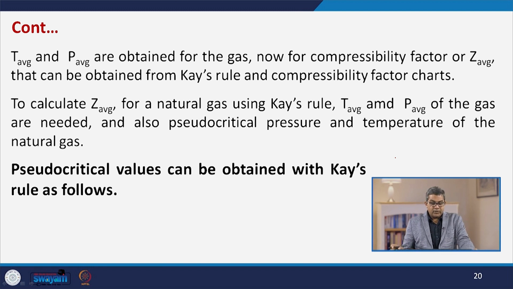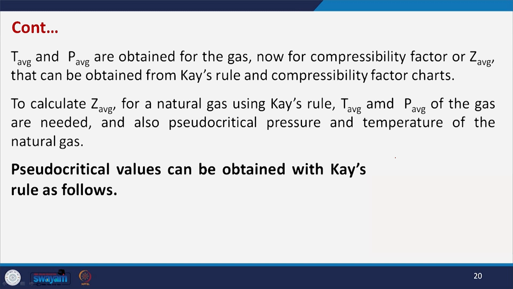The pseudo critical values can be obtained by Kay's rule, which is as follows: T'c is equal to TcA yA plus TcB yB plus TcC yC, and P'c is equal to PcA yA plus PcB yB plus PcC yC and so on.